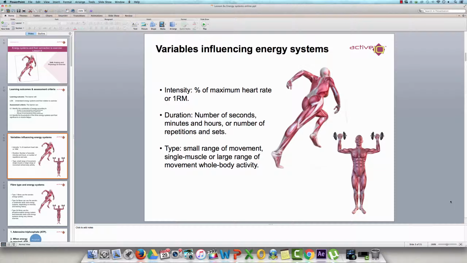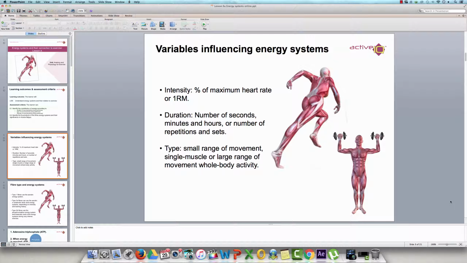So first of all, we want to look at a few of these variables. When we say variables, we mean these changing factors, and these different factors will affect which energy system we use in the body to create energy for that particular movement. If we have a look through the slide, the first bullet point says percentages of maximum heart rate or 1 rep max.